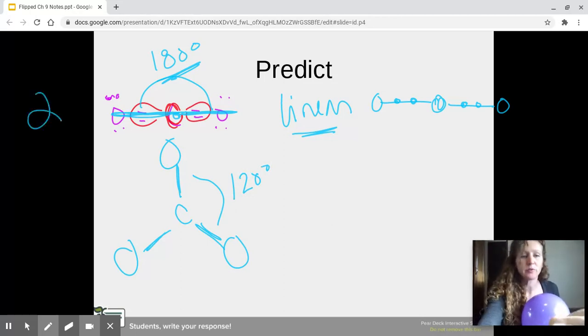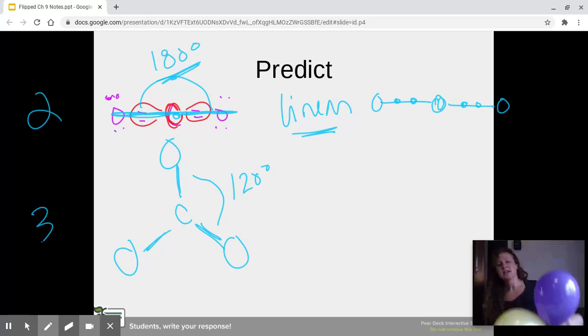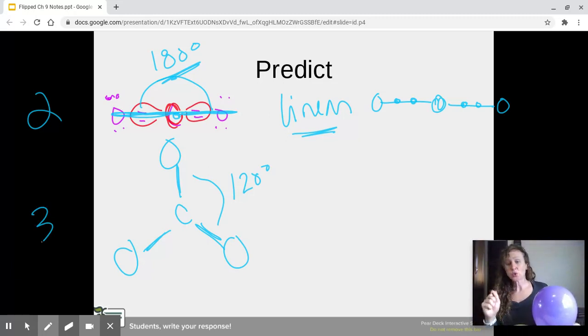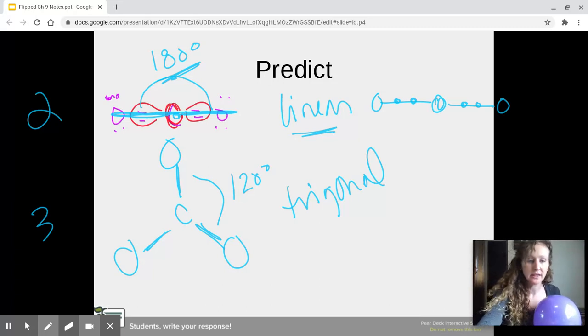So with 2 effective pairs or 2 repelling regions, I'm going to get 180 degrees. It's a linear molecule. With 3 effective pairs or 3 repelling regions of electrons, I'm going to get 120 degrees. And we call this trigonal because it's 3, right?